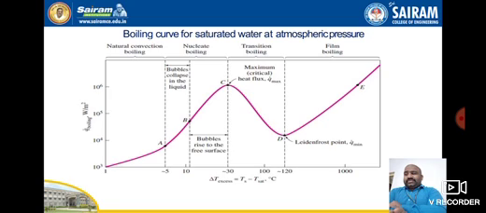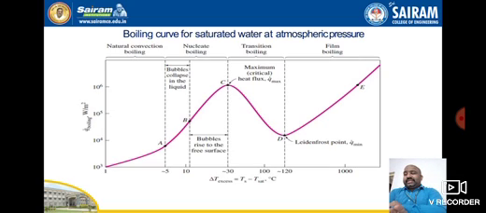The heat flux depends upon the difference between the temperature of the surface and the saturation temperature. When the heated surface is submerged below the free surface of the liquid, the process is referred to as pool boiling, as we discussed. And if the temperature of the fluid is below the saturation temperature, the process is called subcooled or local boiling.